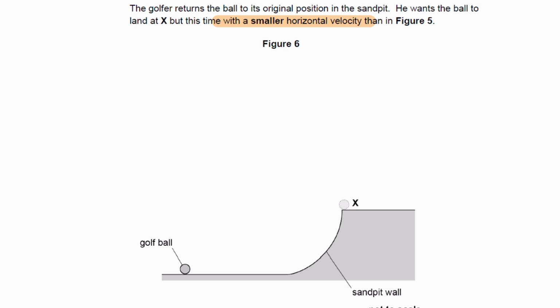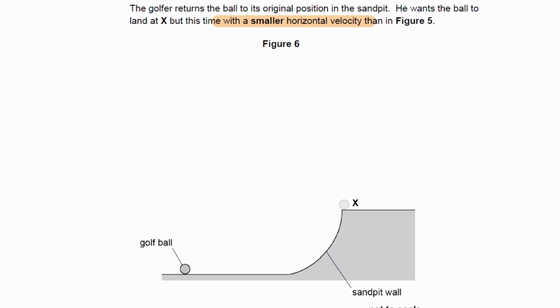So one way we can do that, if we think about this intuitively, is if we hit the ball more upwards, so give it a greater vertical velocity, so that it follows this kind of trajectory, and then it comes down as it's going to land at point x, that will be a trajectory which will have a smaller horizontal velocity. So that's an intuitive explanation for the trajectory that we will have.